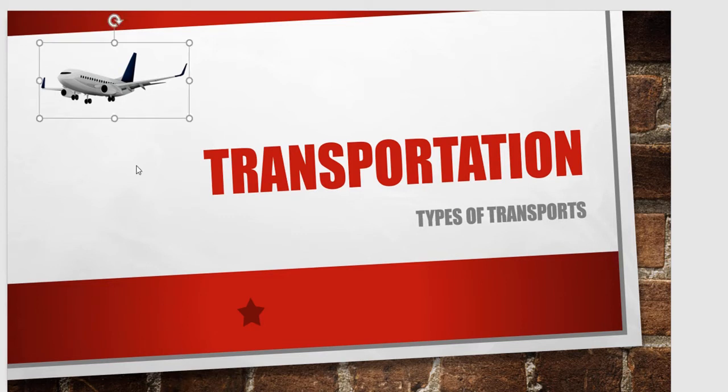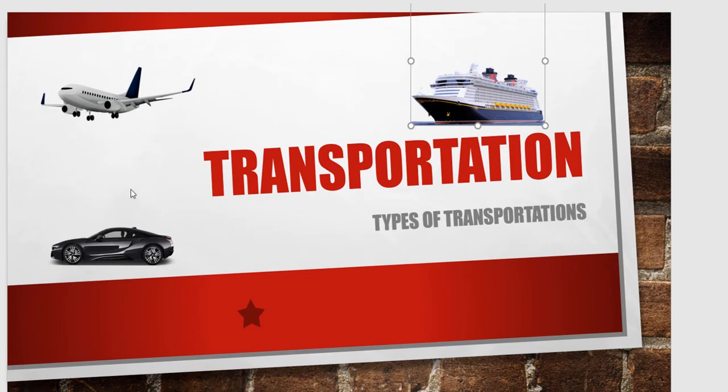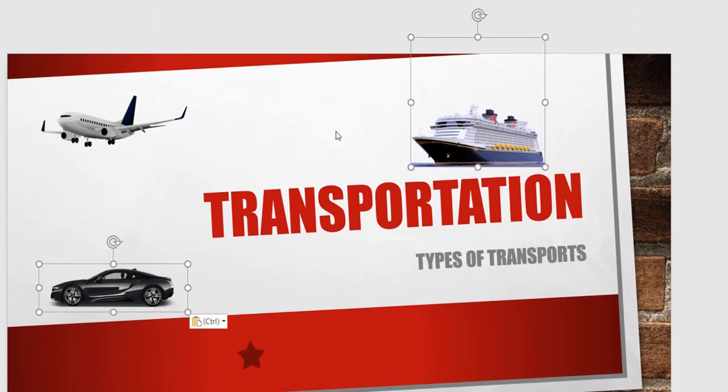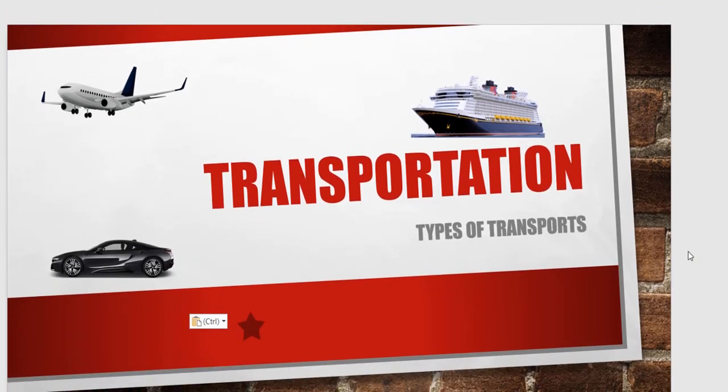So this is not a 3D model. These are just plain images that are there in the online store in Microsoft. So you can use them. There's a rich amount of images that you can use in your presentations. So we have created this similar to the other one.